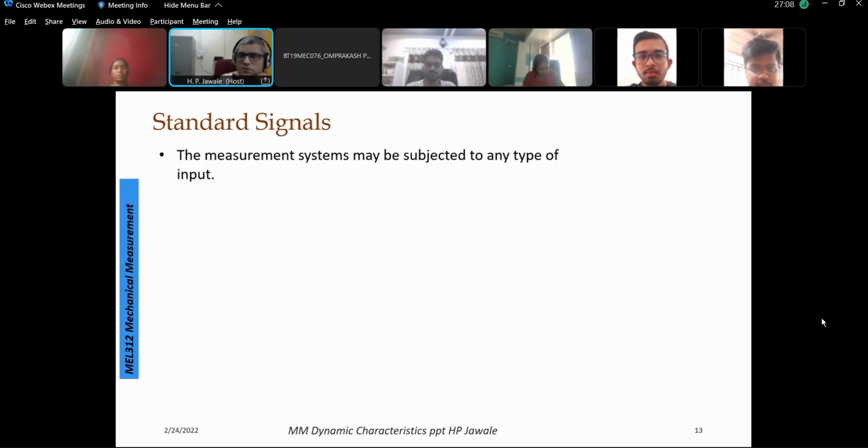The measurement system can be subjected to any type of input which we may not be aware of in actual practice. So the only known method for finding the dynamic characteristics of the system is to have some approximation toward the actual signals that can be applied to the system, and we then test and validate the system for the standard inputs. Okay.